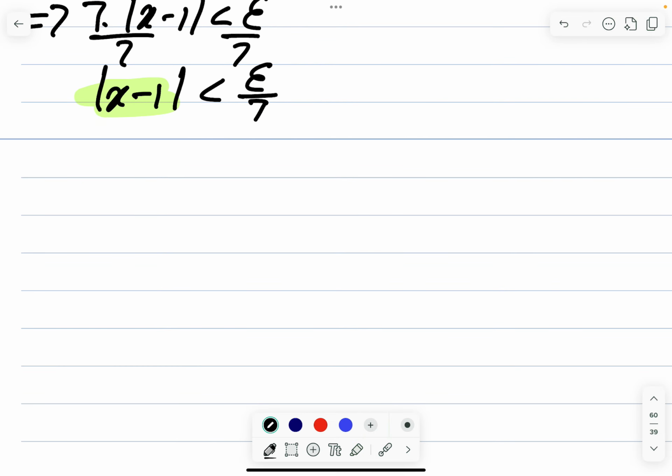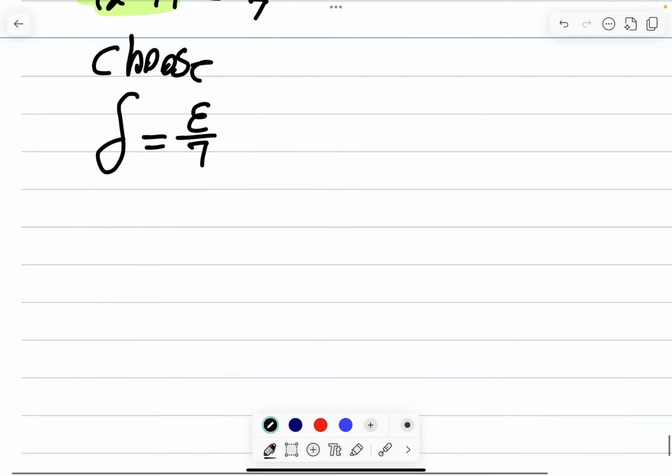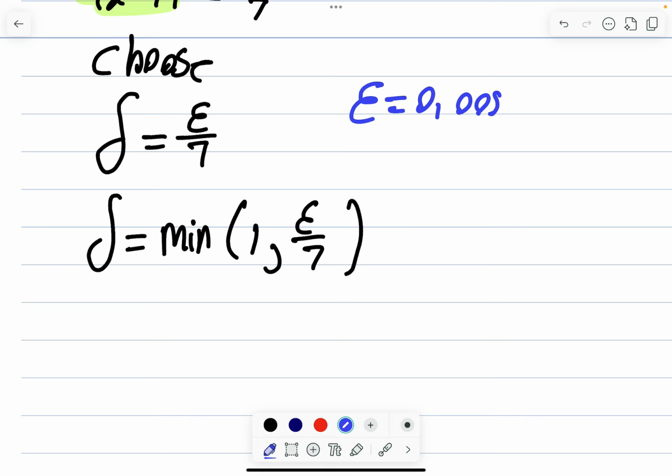Understand? So continuing, we are going to choose that epsilon equals delta over 7. Right? So you say epsilon equals the minimum of 1 and delta over 7. They can give you the value of delta in the question and say delta equals 0.005.